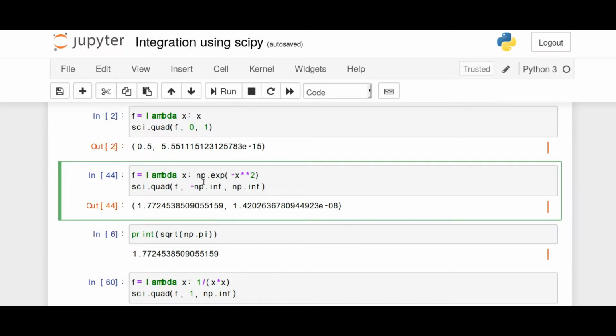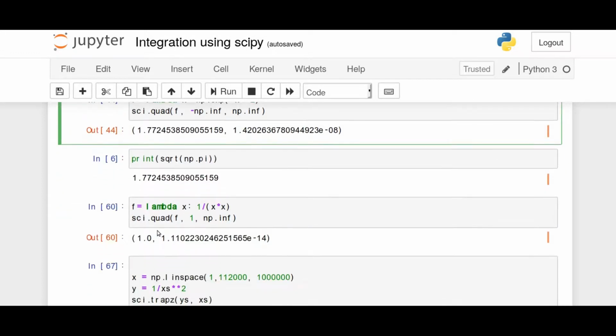This is the lower limit, and you can give infinity using the NumPy package: minus np.inf to plus np.inf, a very large number, and it gives 1.7724538509055. If you print the square root of pi, it is the same, an astonishing result. This is what the quad function gives. It is very useful to calculate this improper integral.